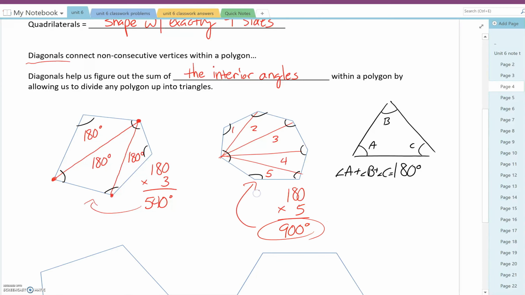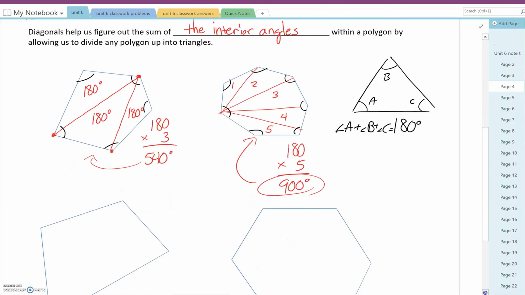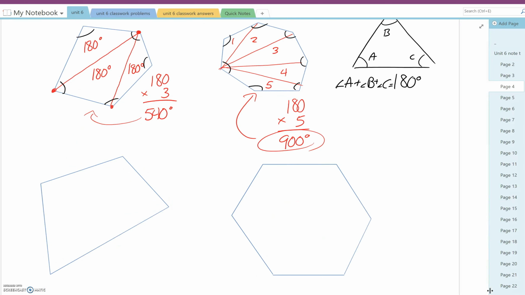So inside of any 7-sided shape, there are going to be 900 degrees. What I want you to do is, with these 2 shapes down here that I haven't marked in, that are on your note taker, pause the video, take a second, try and draw on the diagonals, and see if you can figure out the total number of degrees inside of them.